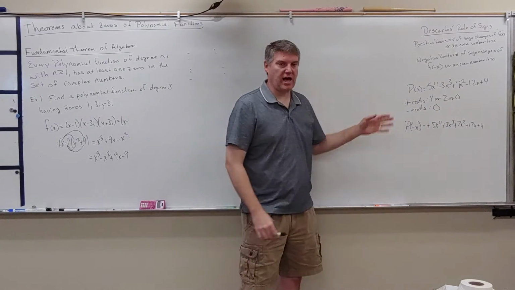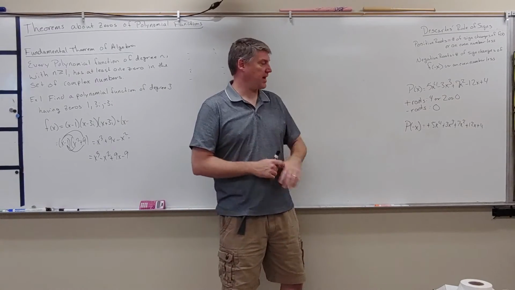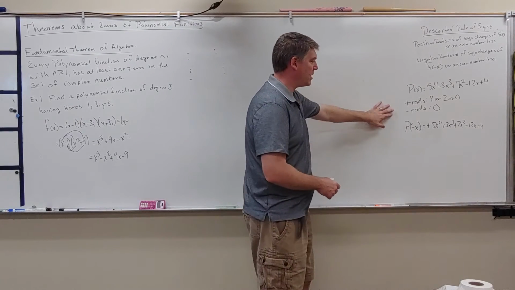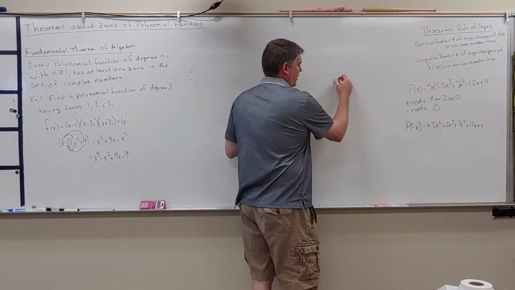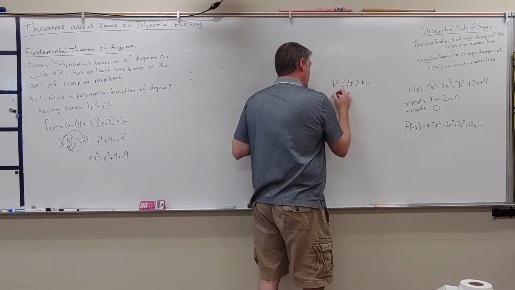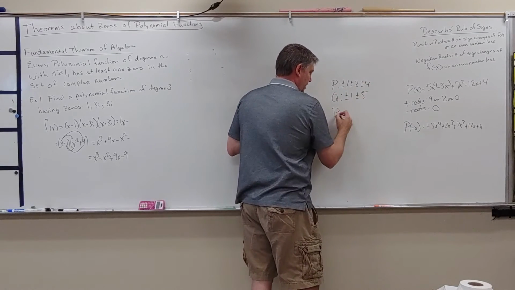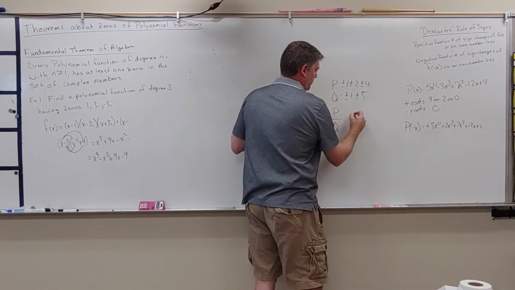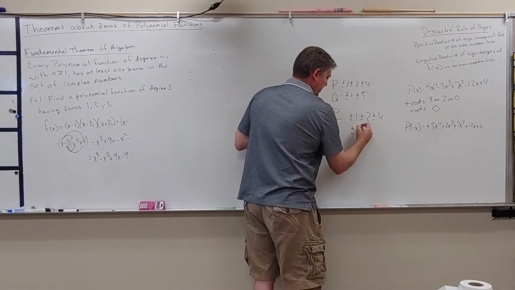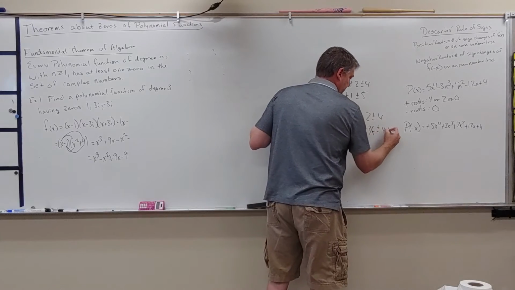So this helps a lot because in our problem of what we just did, I wouldn't have had to even look at any of the negative roots, right? So if I found p and q here, so if I said, well, p is equal to plus or minus 1, plus or minus 2, plus or minus 4, q is equal to plus or minus 1, plus or minus 5, p over q is equal to plus or minus 1, plus or minus 2, plus or minus 4, plus or minus 1/5, plus or minus 2/5, and plus or minus 4/5.